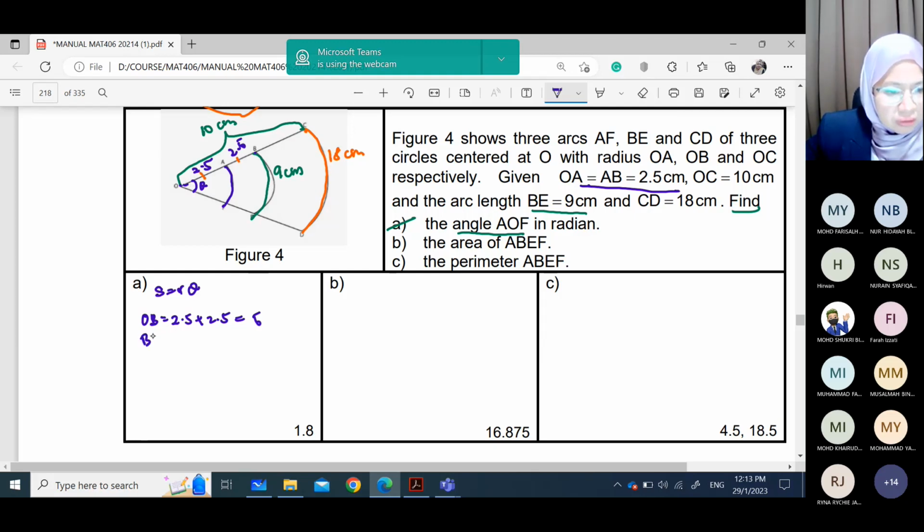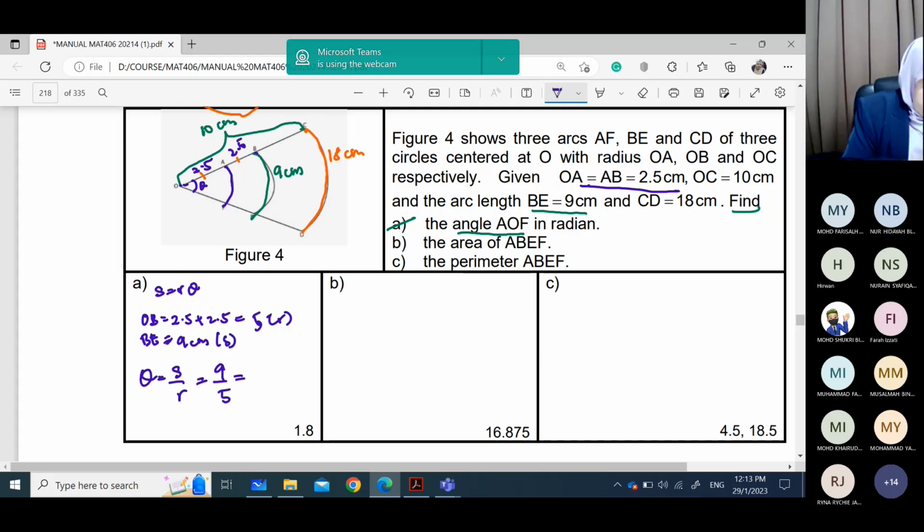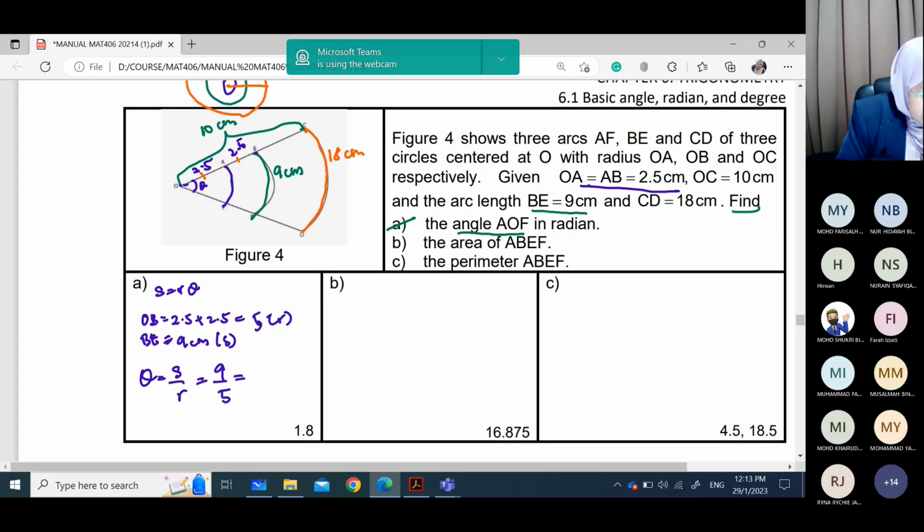So BE yang ni adalah 9 cm. Okay, jadi theta is, radius, so this one is R, yang ini adalah S. So angle is S over R, sama juga dengan 9 over 5, sama juga dengan 1.8. 1.8 radian.